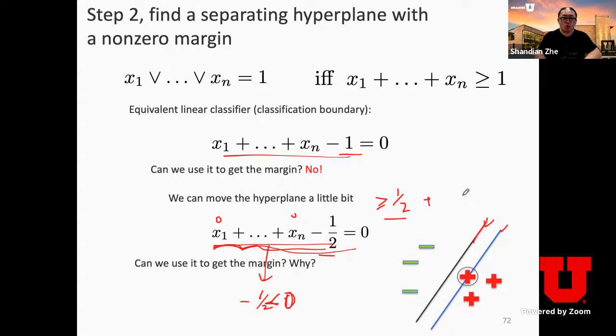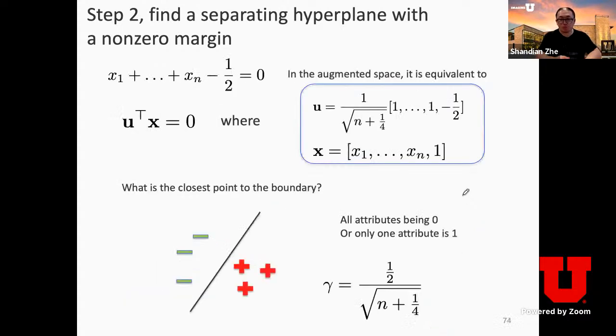And what is the margin? We just look at the point which is closest to the separating hyperplane. We actually have a few points which are closest to the separating hyperplane. First, the negative example will be closest to the hyperplane. Why? Because the absolute value of the left-hand side is minimum, which is half.